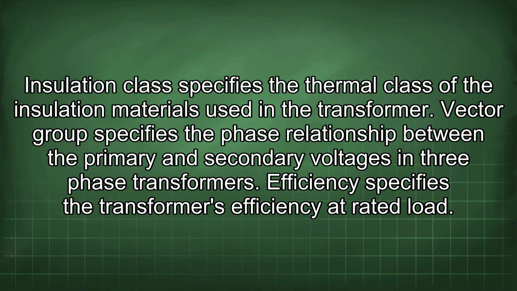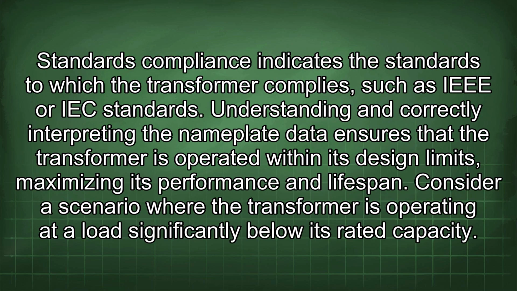Insulation class specifies the thermal class of the insulation materials used in the transformer. Vector group specifies the phase relationship between the primary and secondary voltages in three-phase transformers. Efficiency specifies the transformer's efficiency at rated load. Standards compliance indicates the standards to which the transformer complies, such as IEEE or IEC standards.